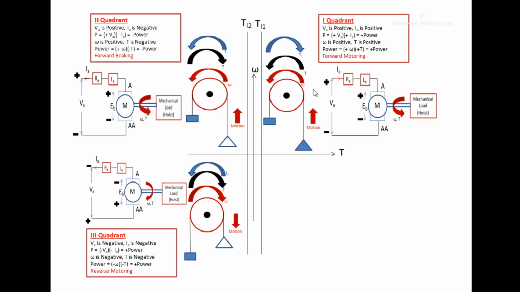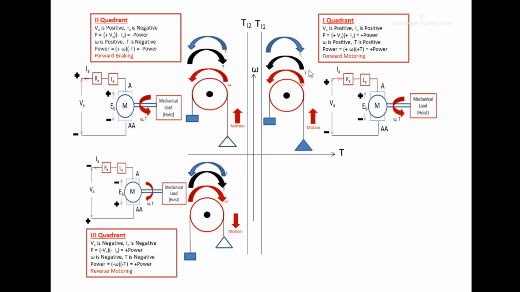And when compared to the previous first and second quadrant, here the speed is reversed. Therefore it is reverse motoring. And power is equal to, we know, the product of speed and the torque. Here speed is minus, because the speed in the counterclockwise direction is assumed to be positive. Now here it is reversed to the clockwise direction. So if it is positive, then it will be negative. Therefore the speed is negative. And the torque T is negative. Why?